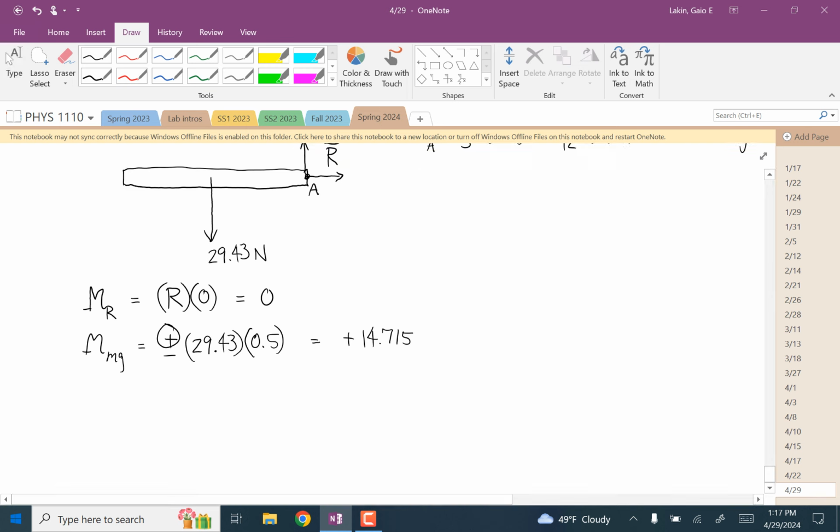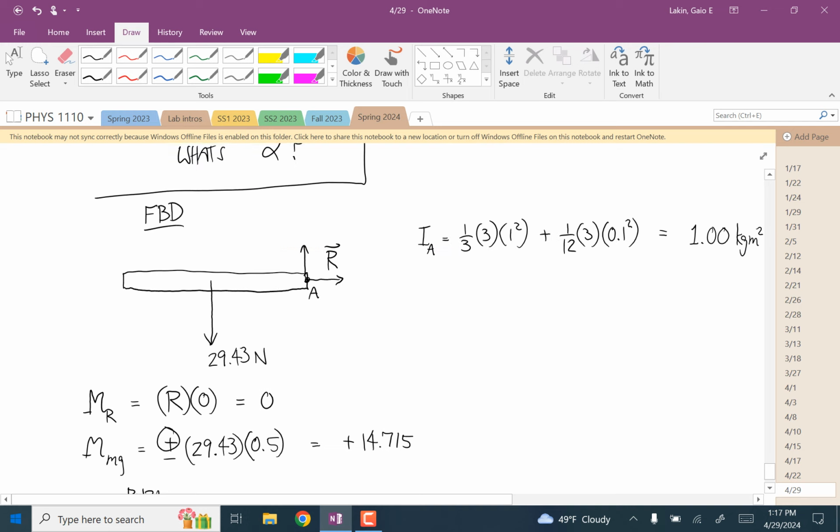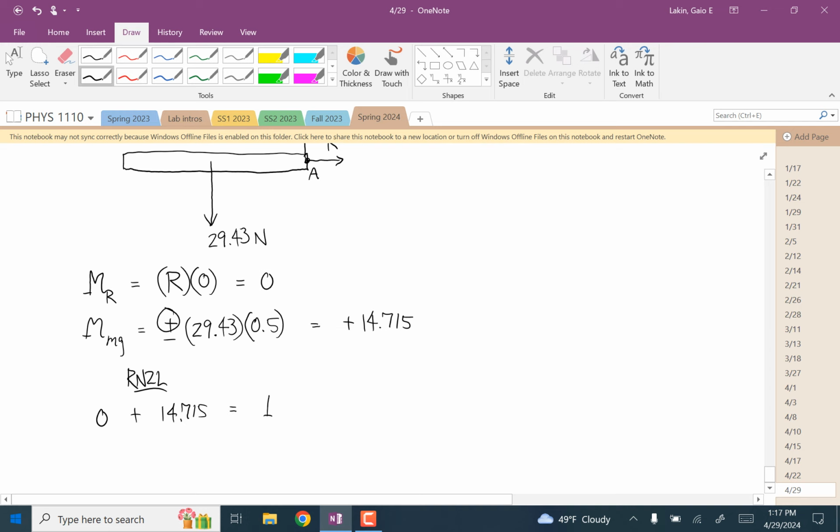And now we'll put all this stuff together in the moment equation, the rotational Newton's second law equation. We have 0 plus 14.715 is equal to 1 times alpha.